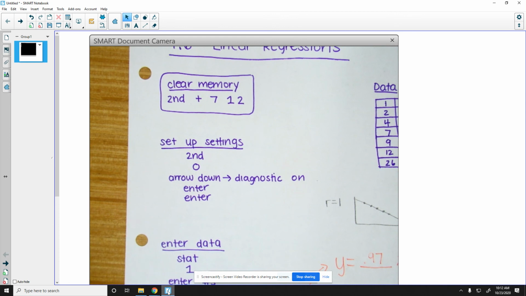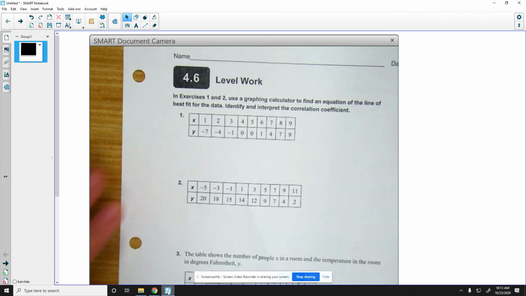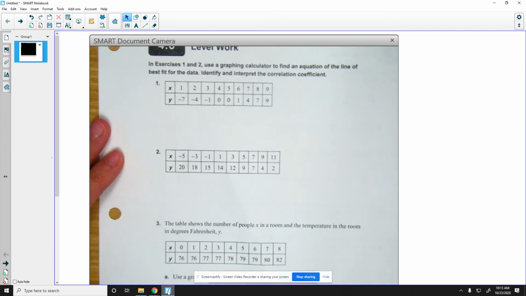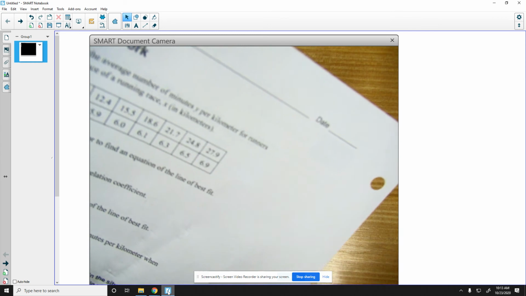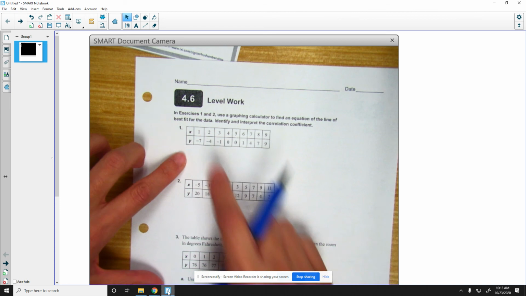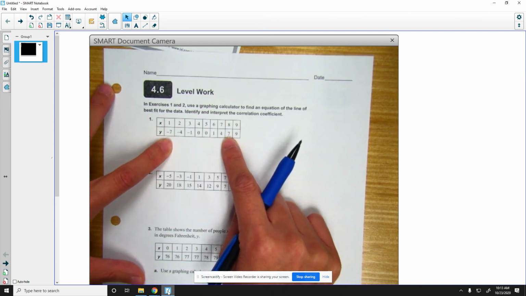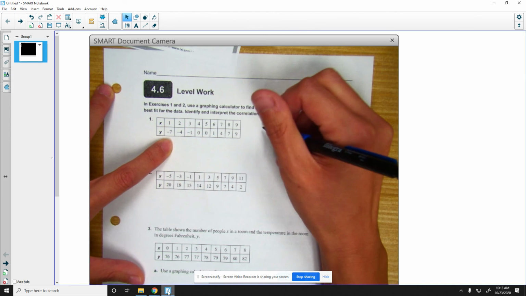Because for your level work, what are we doing? We're doing this, okay? So you're going to practice typing this in your calculator. For the first one, you have to find the equation.